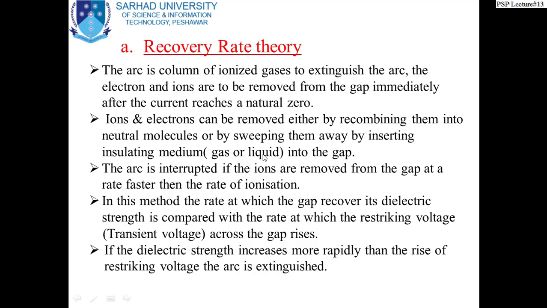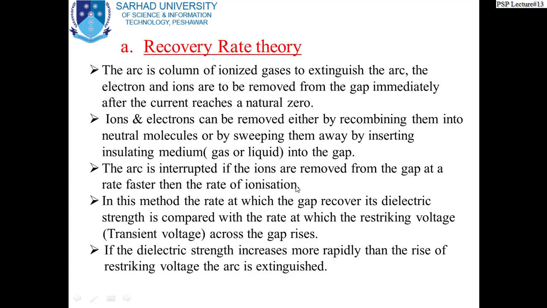So one method of getting these ions and electrons out of this medium is to recombine them into neutral molecules, and the other is by inserting some insulating medium between these two contacts. Now the arc is interrupted if the ions are removed from the gap at a rate faster than the rate of ionization.